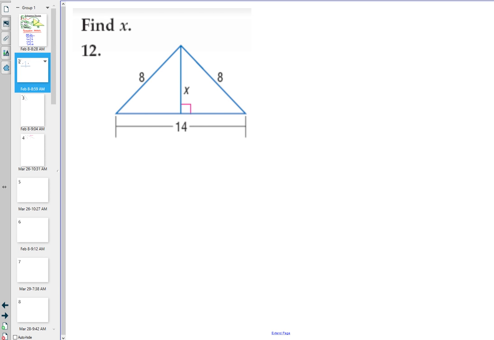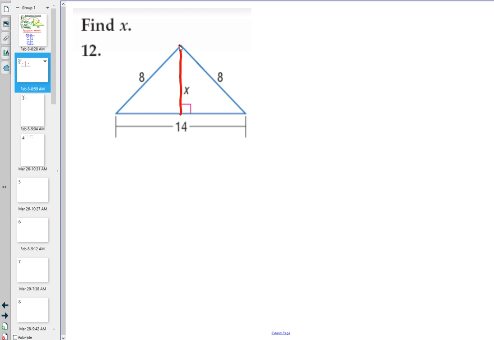Yeah. And if you really want to impress me, there's a special segment that is drawn on the inside of this isosceles triangle that goes from the vertex angle down to the base, and it meets it at 90 degrees. Which special segment starts at an angle and goes to the opposite side and meets at 90 degrees? There's 4 special segments. We learned about them earlier this year.